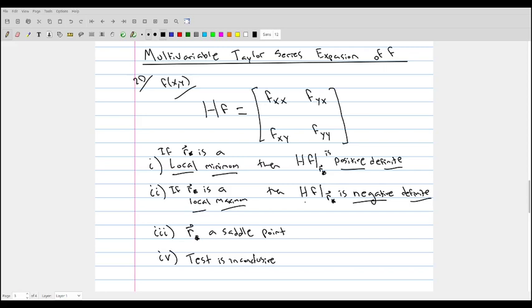And what you want to think of is that this property of the Hessian matrix being positive definite is kind of like an analog of how in 1D, at a local minimum, the second derivative of a function is positive, and at a local maximum in 1D, the second derivative is negative.